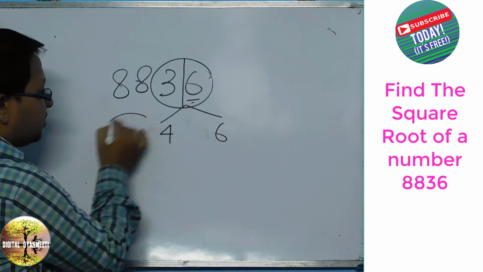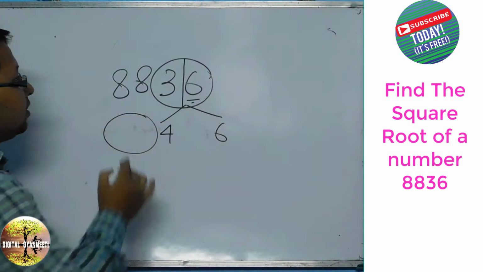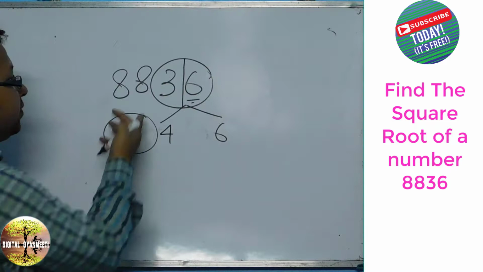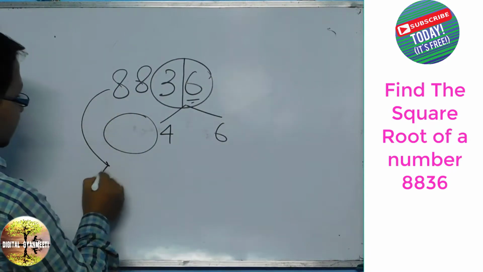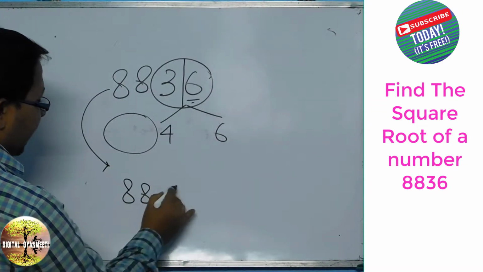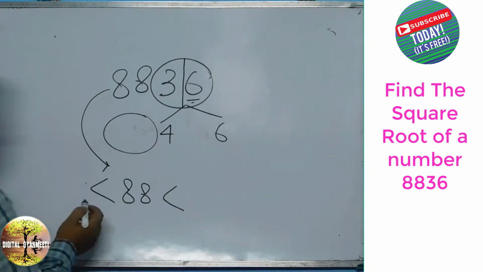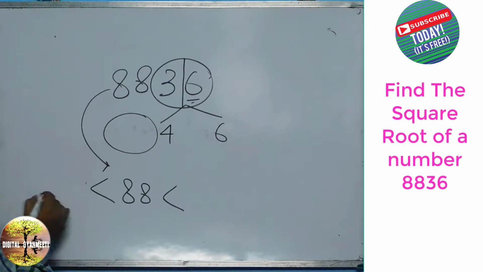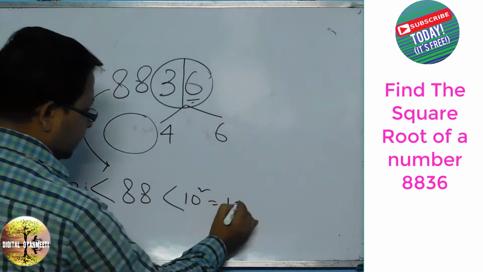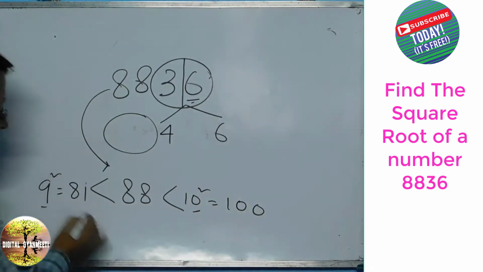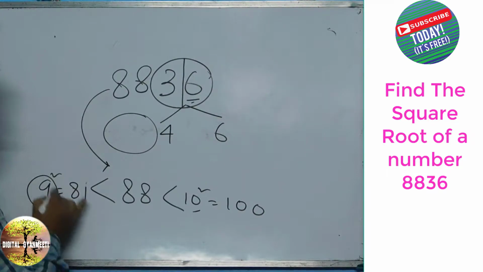To find out this place, we take this number 88 and find out that 88 lies between the pair of square numbers 9 square, that is 81, and 10 square, that is 100. These two numbers are consecutive, and we take the lesser one, that is 9.